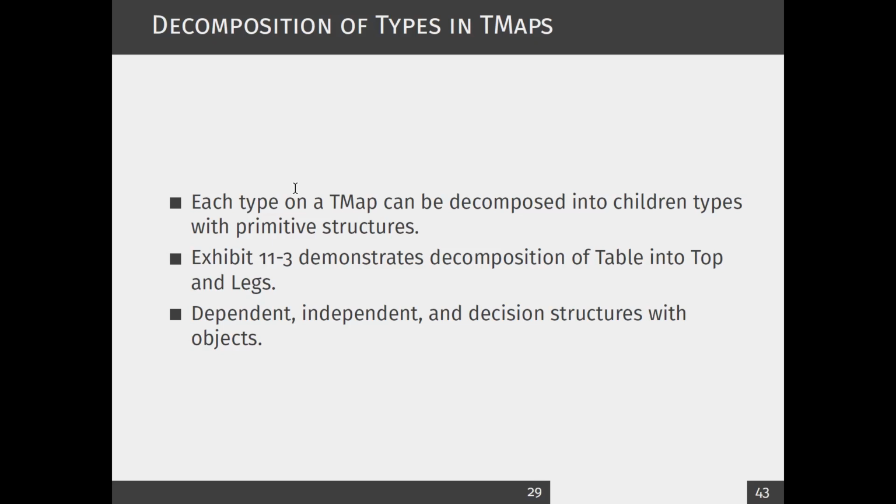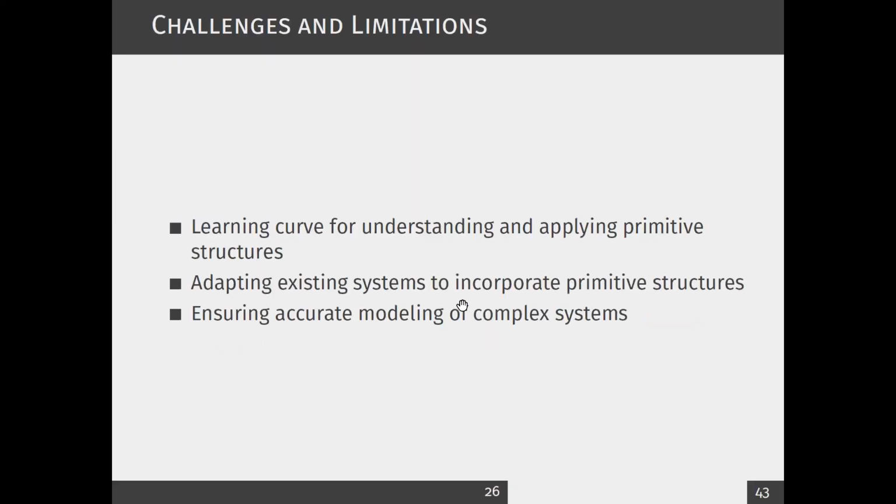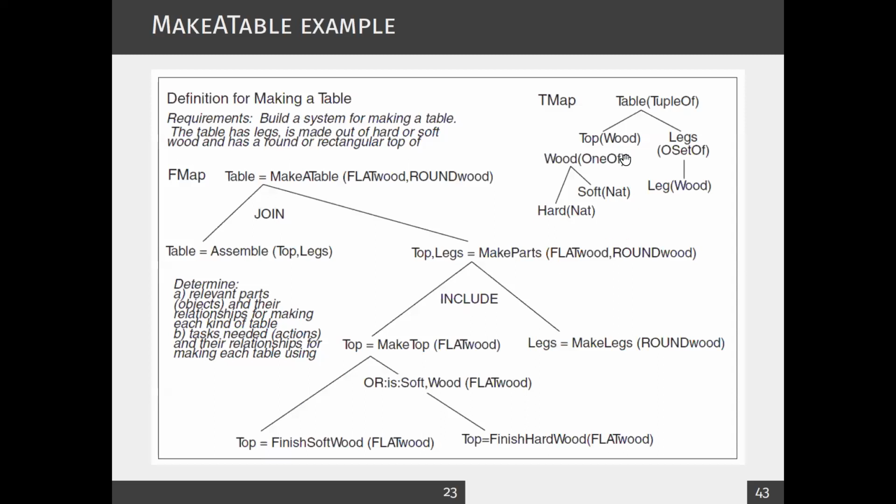So let me go back to the picture again. We have already seen this. What we discussed earlier, let me reiterate. The first thing is you start from the top where you have the main function, make a table, which we decompose into assemble and make parts. And this is a join, which means you create parts and then you assemble.